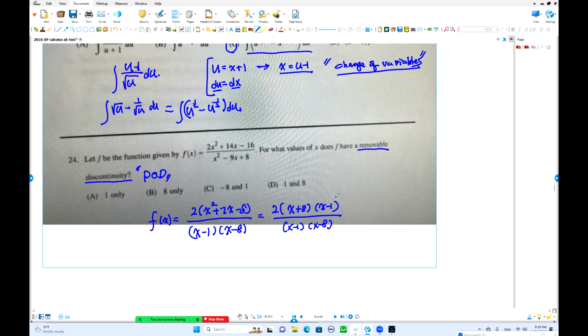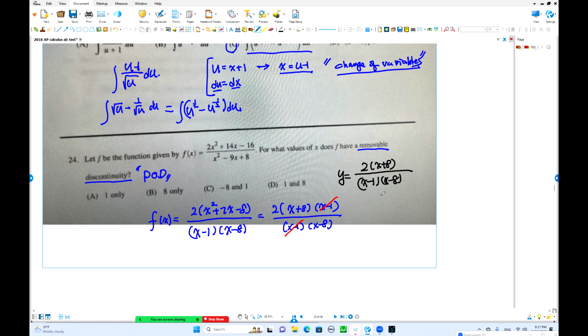Okay. This is a common factor. When they cross out, they create what? A hole. If we don't have x minus 1, okay, compare this. If we have 2x plus 8 in the numerator, and the denominator x minus 8, x minus 1, x minus 8, there's no common factor in this case, right?